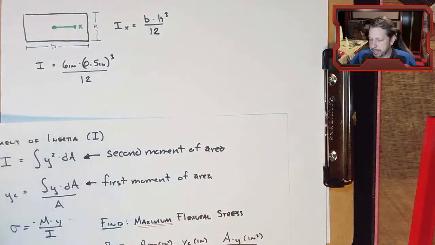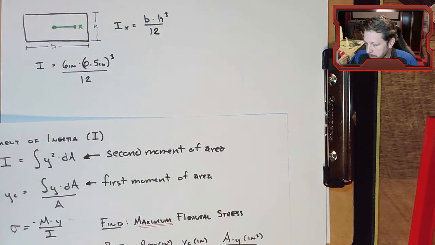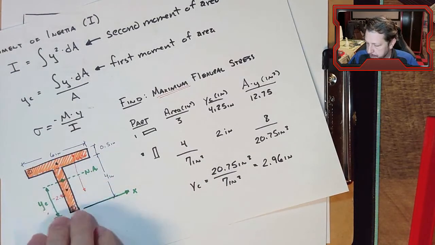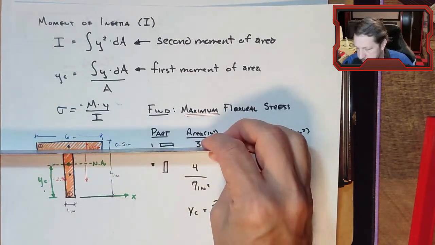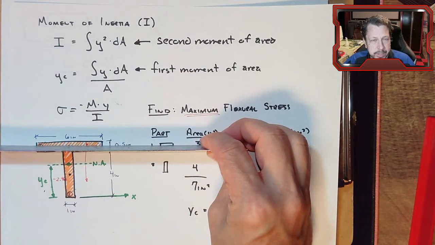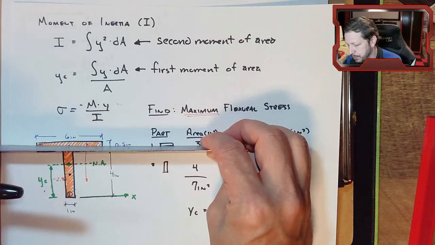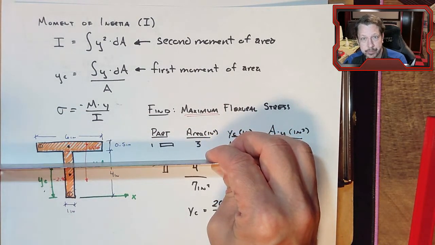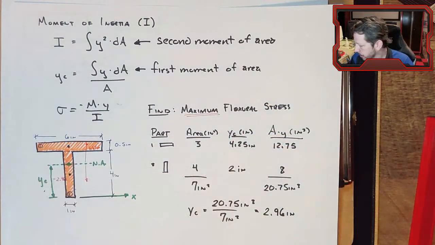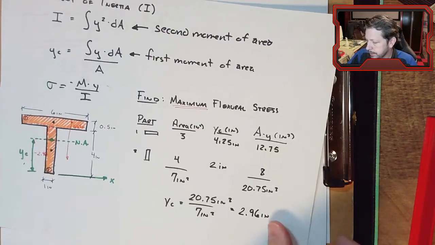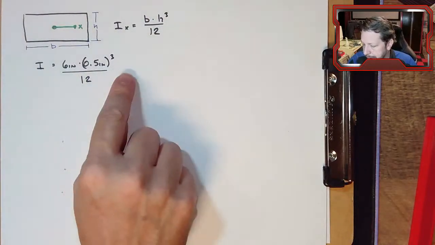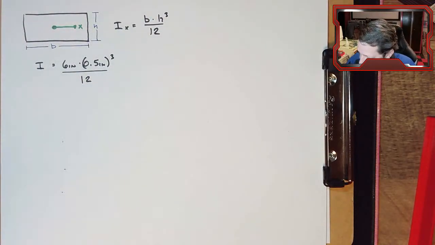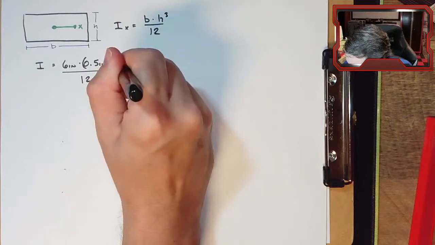This would give me the moment of inertia of the flange, but it would be about this axis, the one through the centroid of the flange. And I want to move that calculation down to the neutral axis for the whole shape. So to make that calculation I need to add a term here.